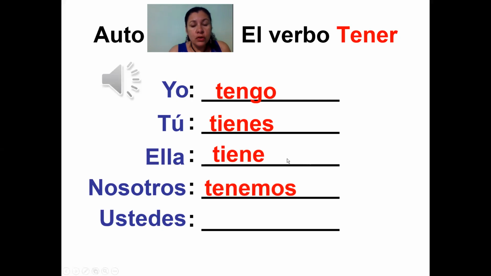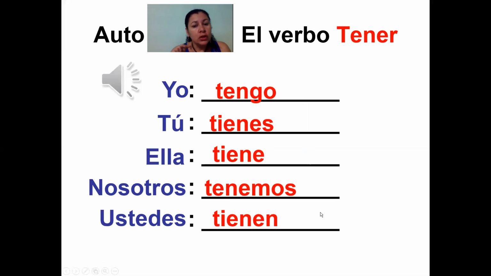Nosotros tenemos, we go back to the regular version, E stays E, and then the ending is emos, tenemos. Vosotros is also regular, tenéis. And ellos, ellas, ustedes tienen. The verb shows the stem change IE again and the ending of a regular ER verb.